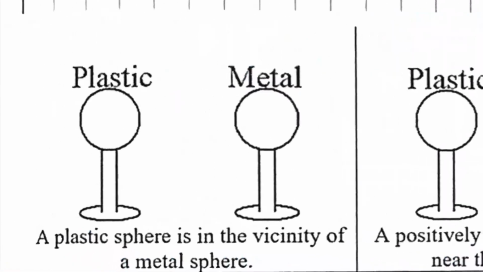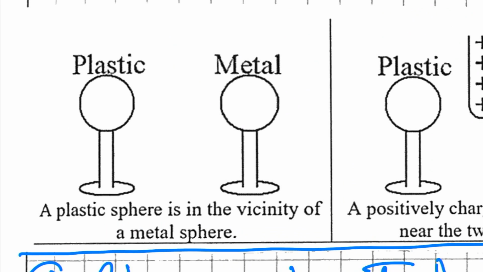In this image here, we have a plastic and metal. I'm going to do some color coding here. I'm going to first draw some positive charges in red. Each of these starts off with about the same number of positive charges. I'm going to draw negatives in blue.